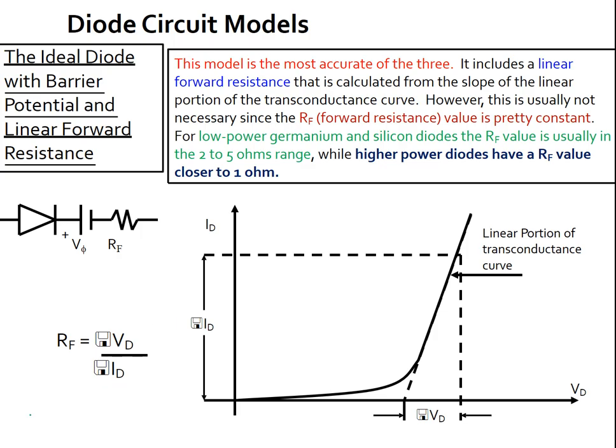This will depend on the change of the voltage and current, but typically it is considered a constant value. If we are taking low power germanium and silicon diodes, typically the RF value ranges from 2 to 5 ohm, and for high power diodes it's typically around 1 ohm.